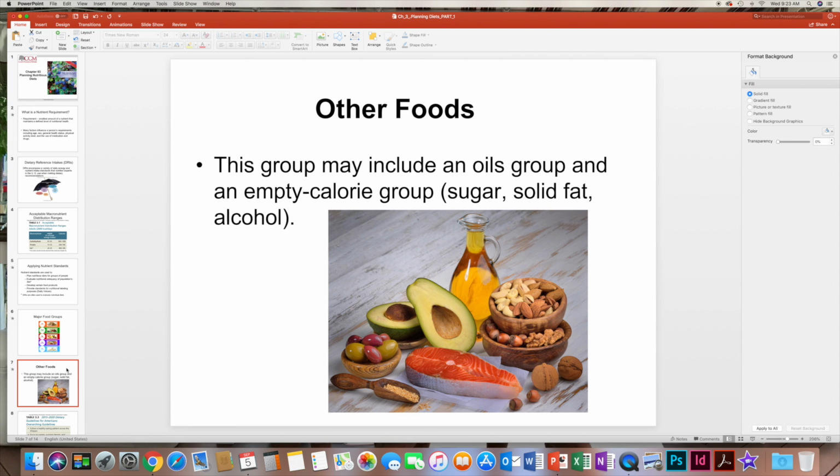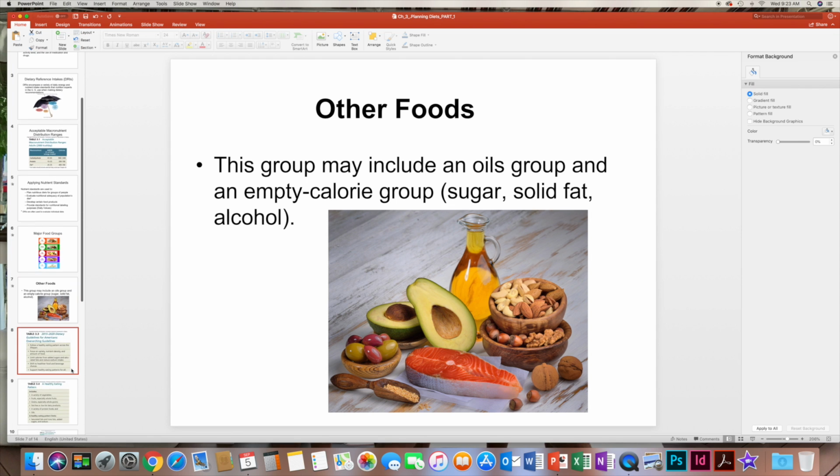Sometimes there are foods that are not really considered a food group, such as oils, and you have your empty calorie group, such as sugar and bad fats, such as saturated fats and some alcohol. With your oils, you want to include olive oil, avocado, salmon, nuts, and olives themselves. Any of the olive oil grouping is a good source of monounsaturated fats, which we'll get into in the chapter on fats.